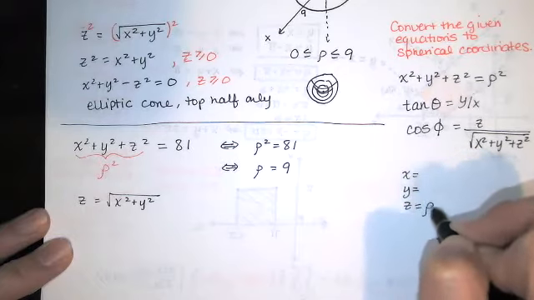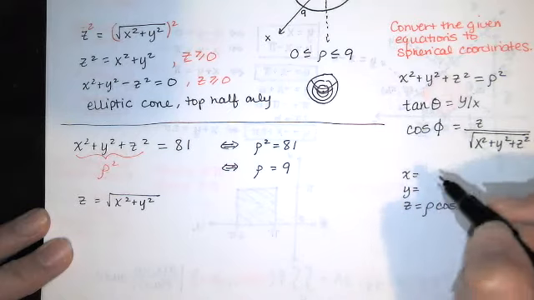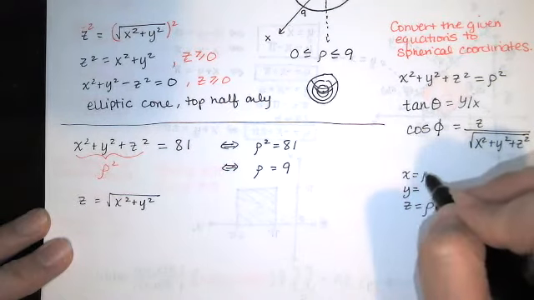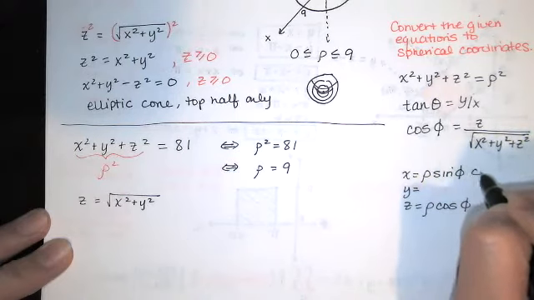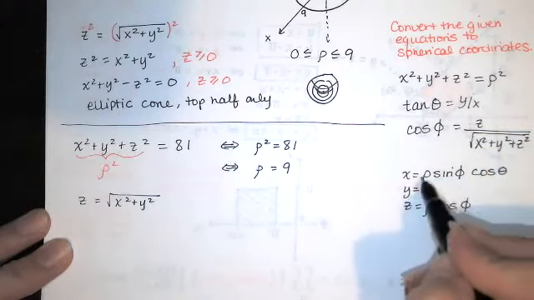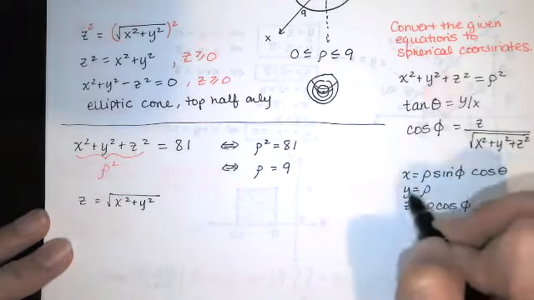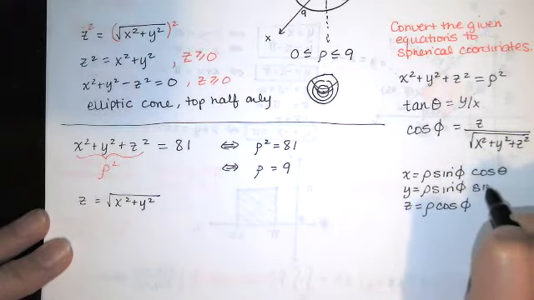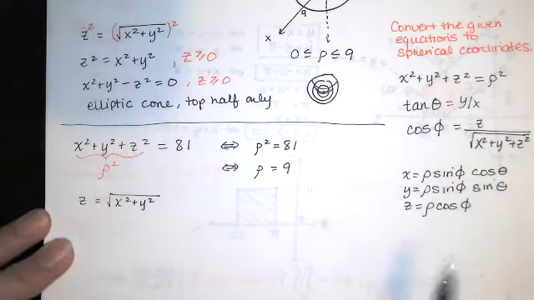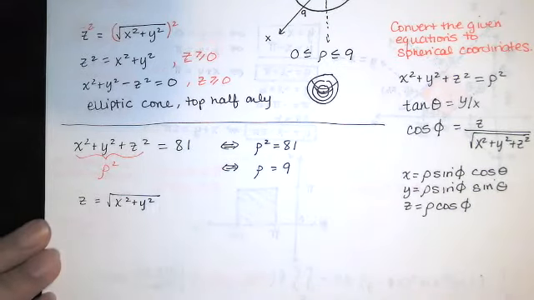Now z is rho cosine of phi. x is rho sine of phi cosine of theta, because rho sine of phi was r in polar coordinates. y is rho sine of phi, that's r, times sine of theta. And then there's our z. So we can use these here to simplify this.